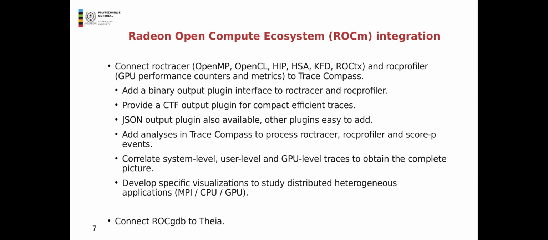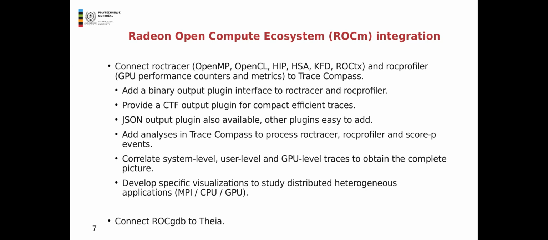And then we added analysis in TraceCompass to be able to analyze those combined traces with operating system level traces, user space traces, the ROCtracer and ROCprofiler traces, and we've even added the ability to take Score-P events.